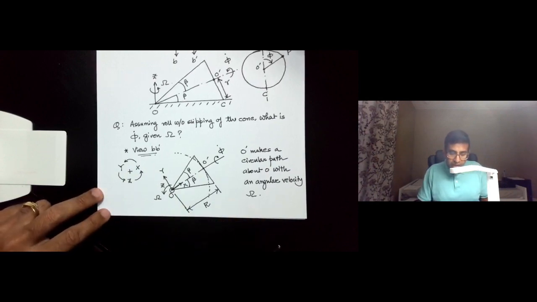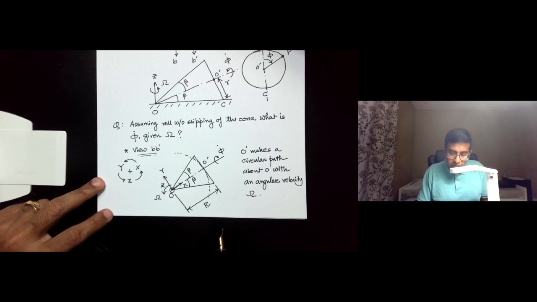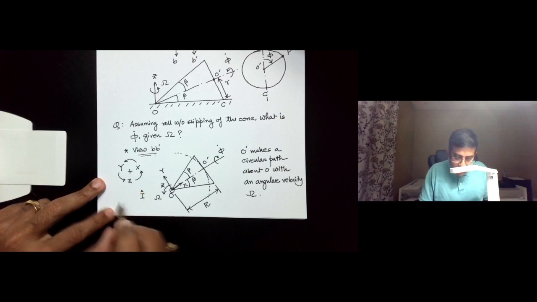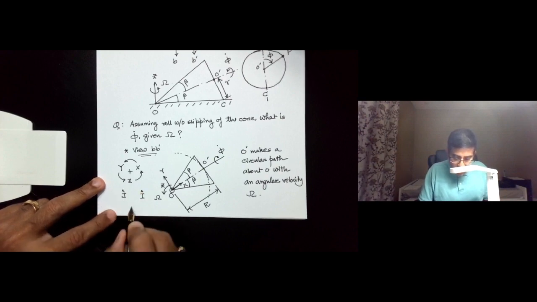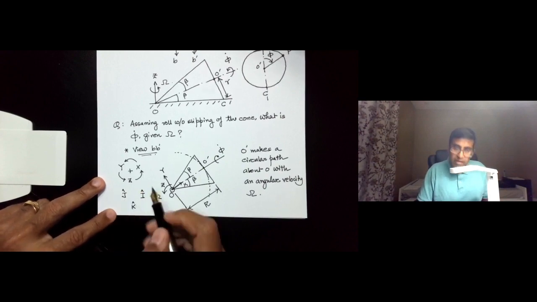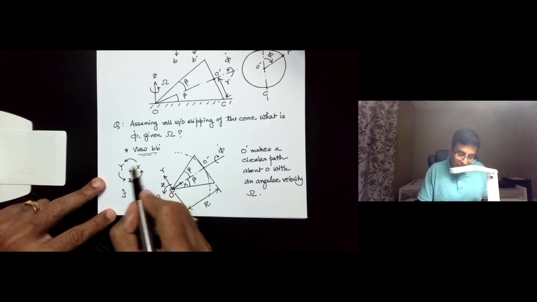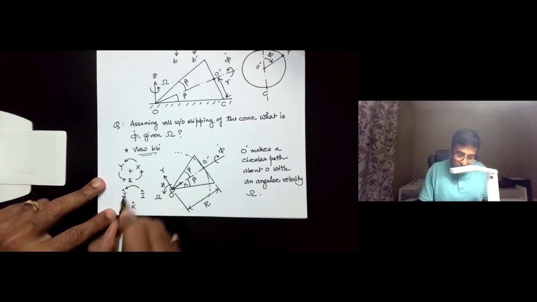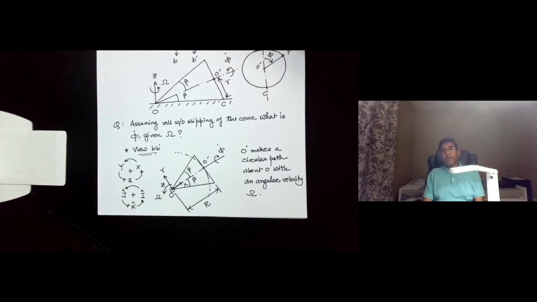Typically we use i, j and k as the unit vectors along x, y and z respectively. So we are going to have i, j and k along the directions x, y and z respectively, and we are going to use these as the unit vectors. So they will follow that same rule for carrying out our cross products.